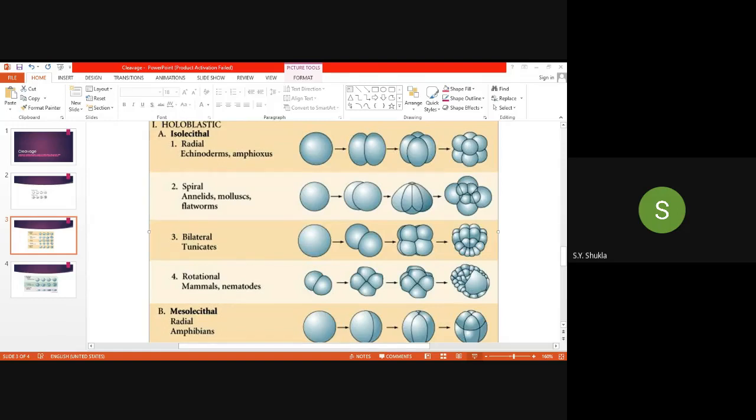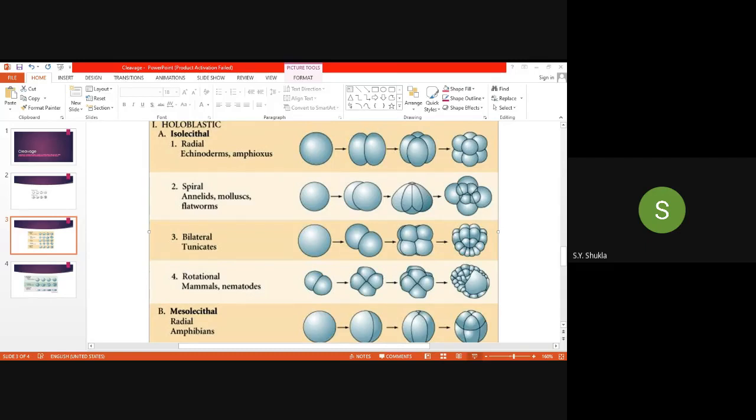Okay, the rotational cleavage. In rotational cleavage the cleavage orientation is unique, and it takes place in mammals and nematodes. Unique means what? All of you can see here, it is a unique one, not like a spiral or oblique.